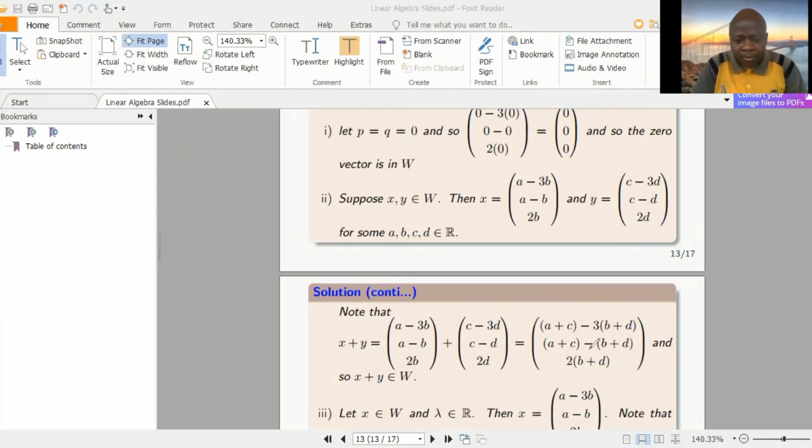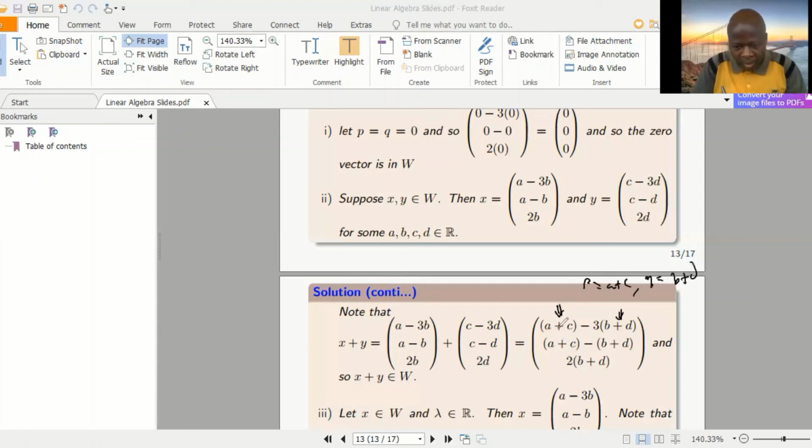Here I say that this one becomes my p and this one becomes my q, that my p is a plus c and my q is b plus d.